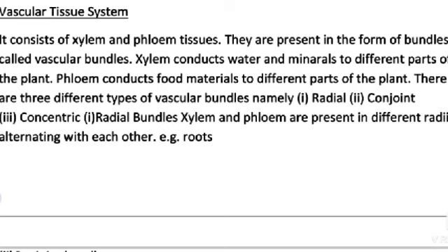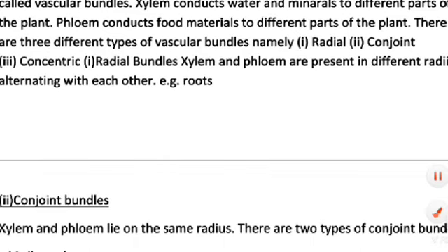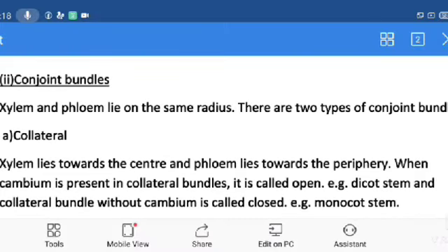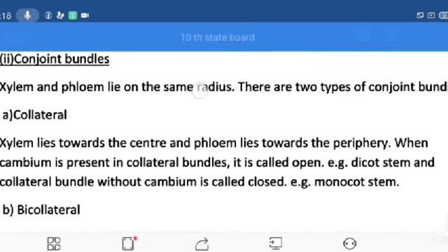Radial bundles: xylem and phloem are present on different radii, alternating with each other. Example: dicot root. Conjoint bundles: xylem and phloem lie on the same radius.